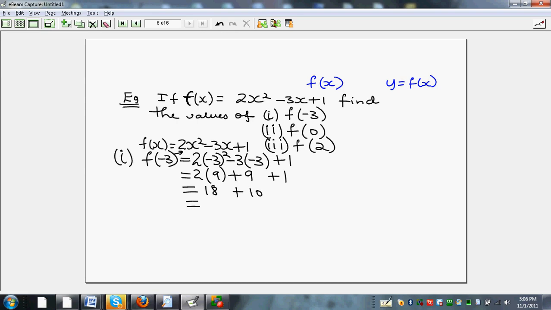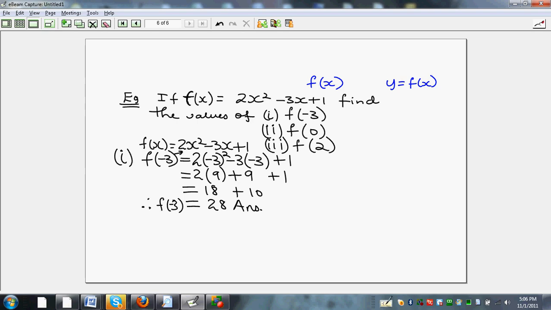That is equal to 28. So therefore, f of minus 3 is equal to 28. That's the first answer. Any questions there? All we do is we take out the x and replace it with the number. Minus 3 replaces x in each part. And then you evaluate the expression or the equation.